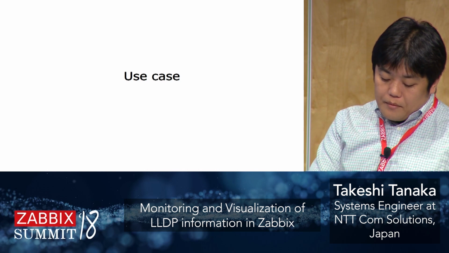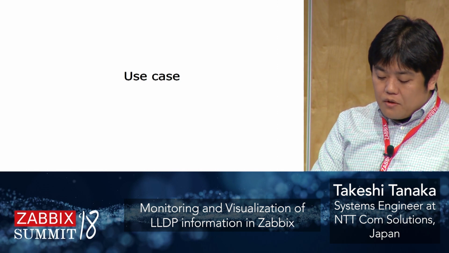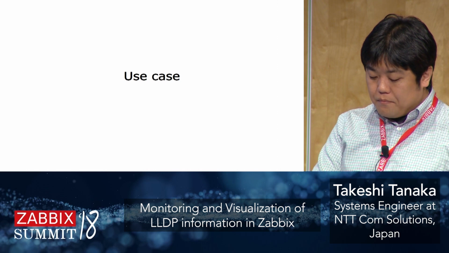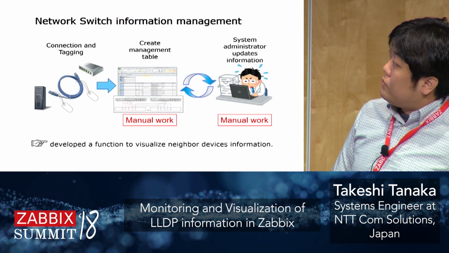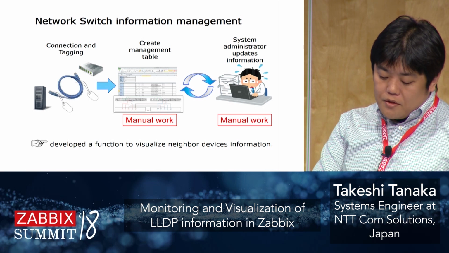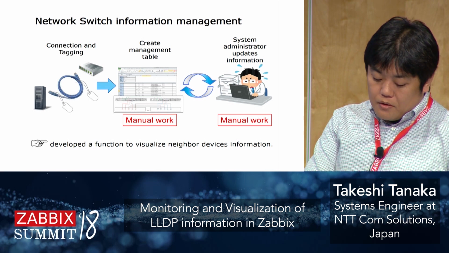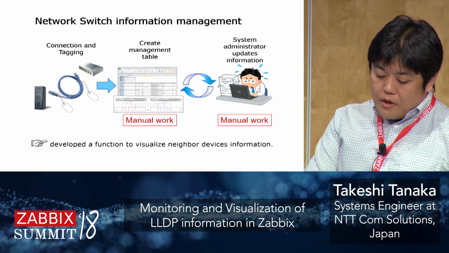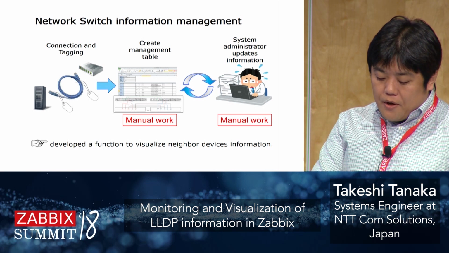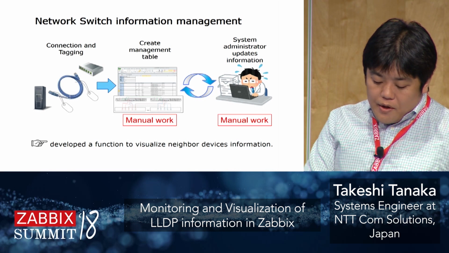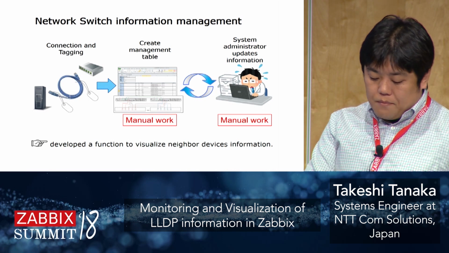Use case. I will show an example of using this function. Network switch information management. It is an example of using this function to manage the wiring information of network switches.